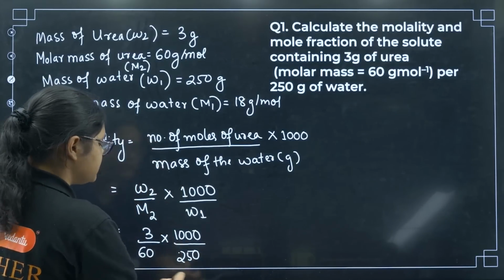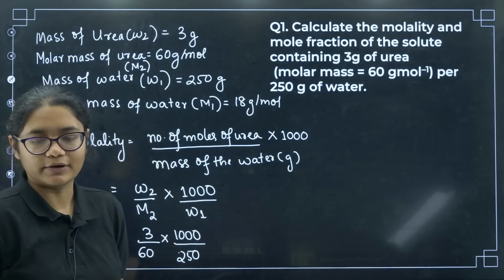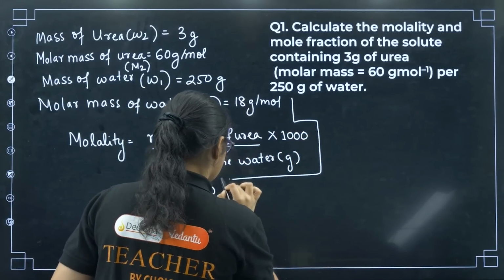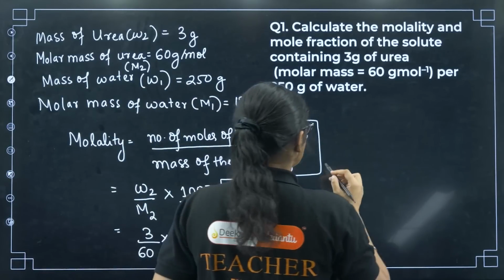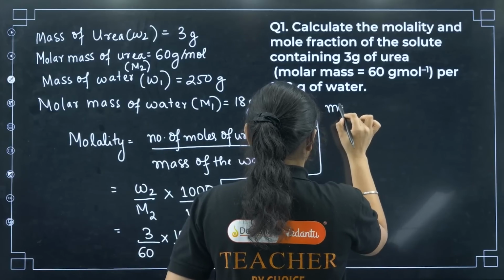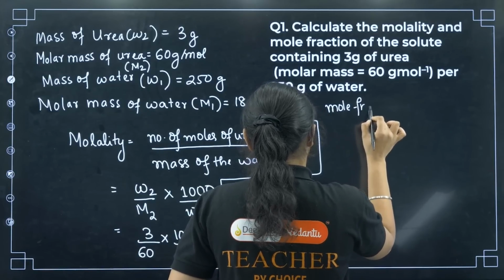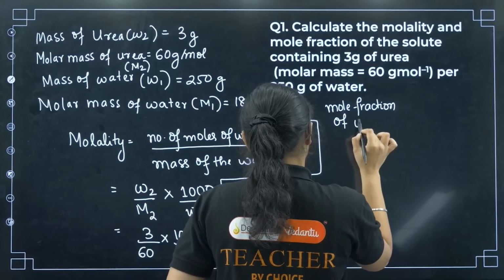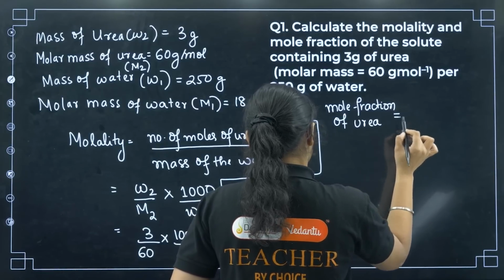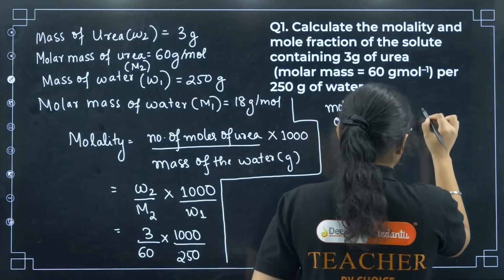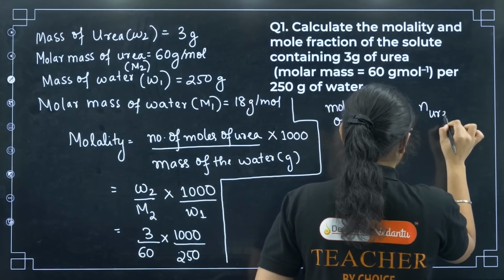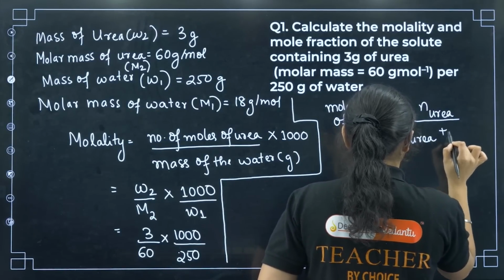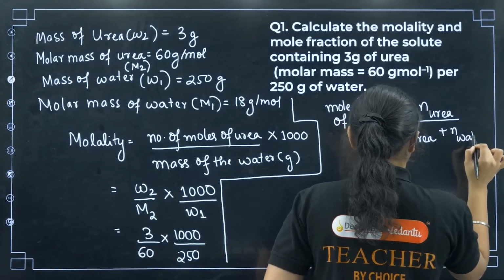Okay, now if I solve this, I can calculate the molality value. Now similarly, you have here the mole fraction of urea, which is equal to the number of moles of urea divided by the number of moles of urea plus the number of moles of water.